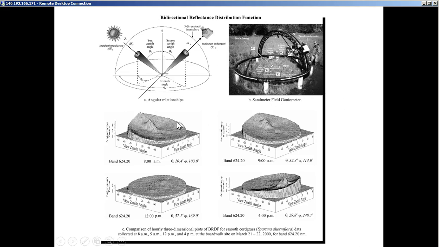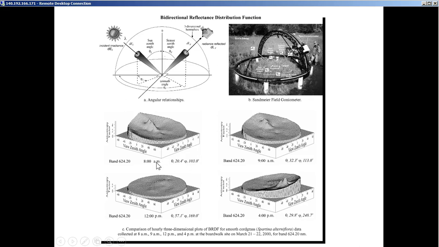And when you plot the reflectance, and this is in visible red, band 624, that's 624 nanometers, with probably a very narrow band because this is a field spectrometer here, so these are very narrow band spectrometers, 10 to 20 nanometers wide, so it's a real narrow sliver of the spectrum.